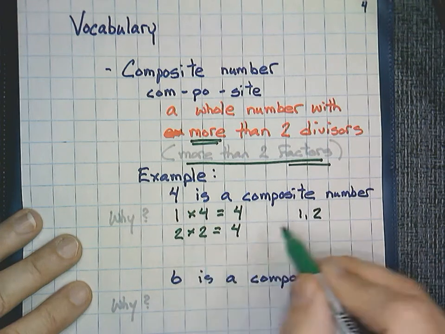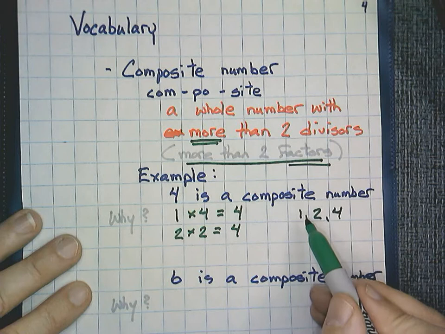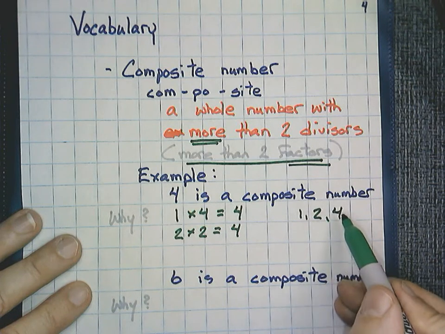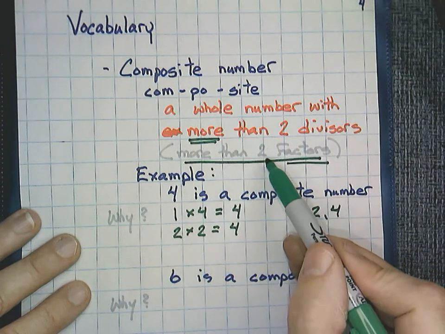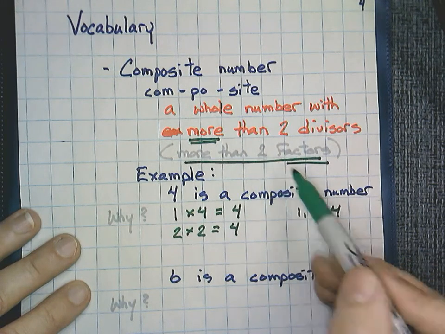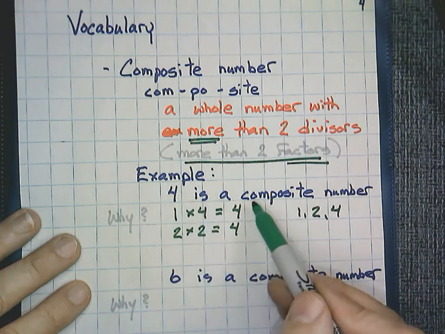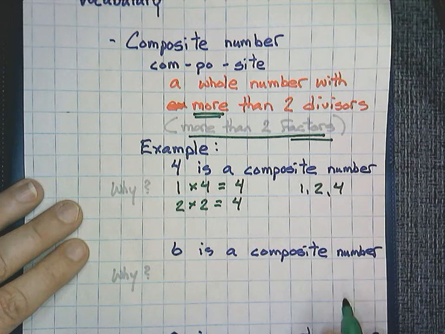Remember, we only do that one time. And 4. When I count my factors, that's 1, 2, 3. And we said that a composite number has more than 2, and so 3 is more than 2. That's why 4 is a composite number. 6 is a composite number.